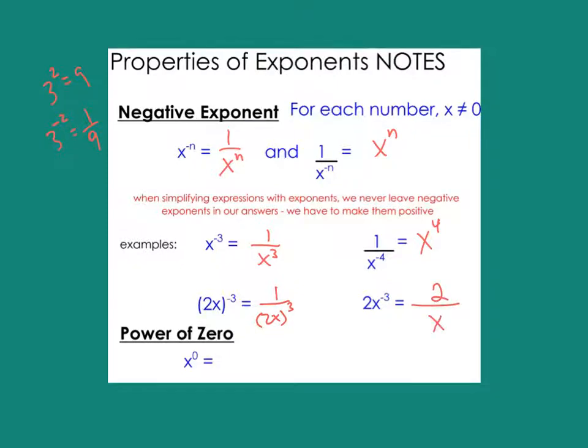It's only the x that has the negative exponent applied to it. Notice this whole thing went to the denominator because the whole parenthetical expression was raised to that negative third power. And then, of course, the power of 0 is 1. That covers our properties of negative exponents and power of 0.